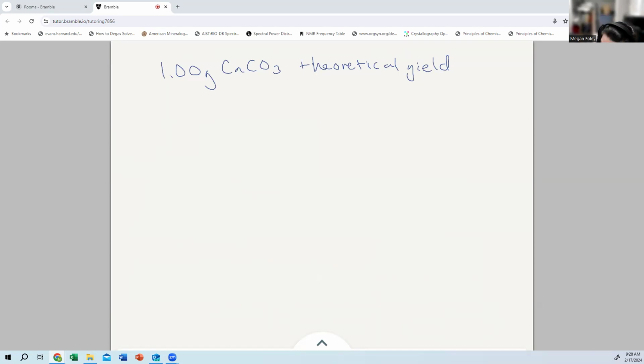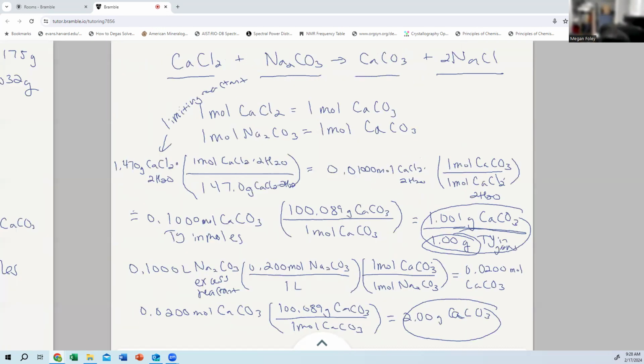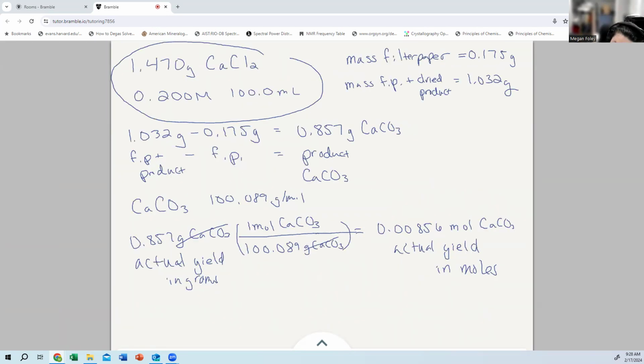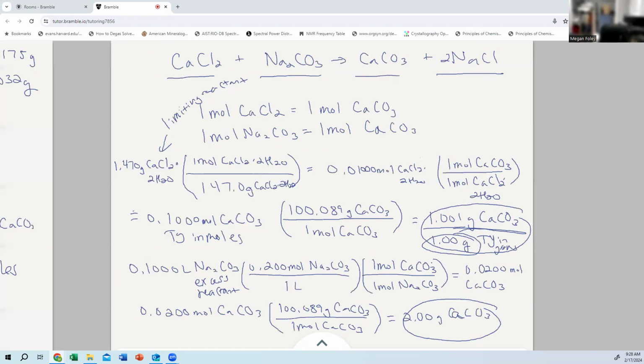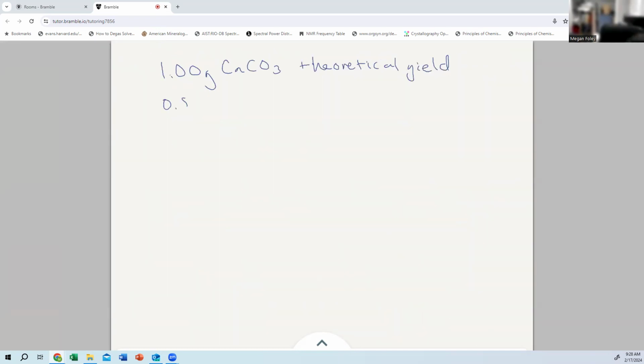We solved earlier for our actual yield. So as a note, our actual yield was 0.857 grams. So this is what we did make.